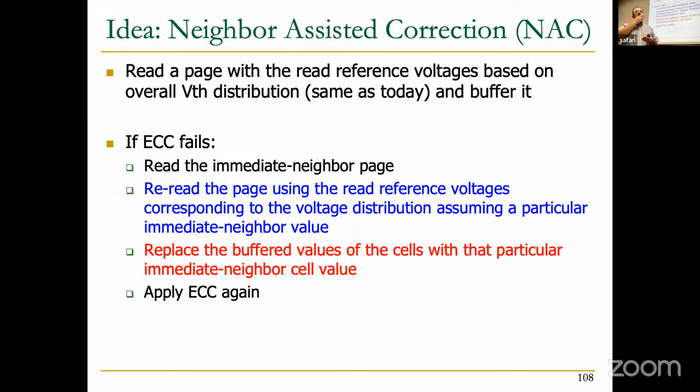So in order to recover from that issue, you need to read the immediate neighbor page, and then you will reread the page using the read reference voltages corresponding to the voltage distribution, assuming a particular immediate neighbor value. So if the neighboring value was, for example, 1, 1, I will adjust the reference voltage and retry the read process.